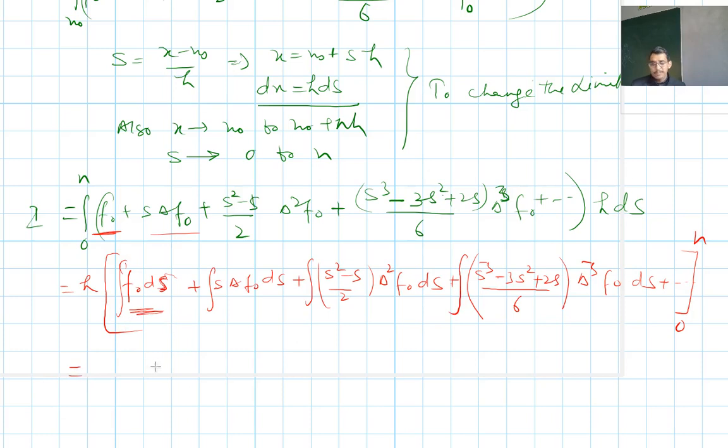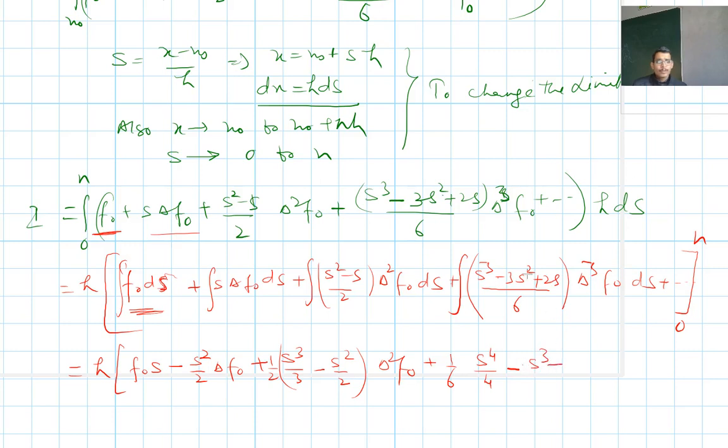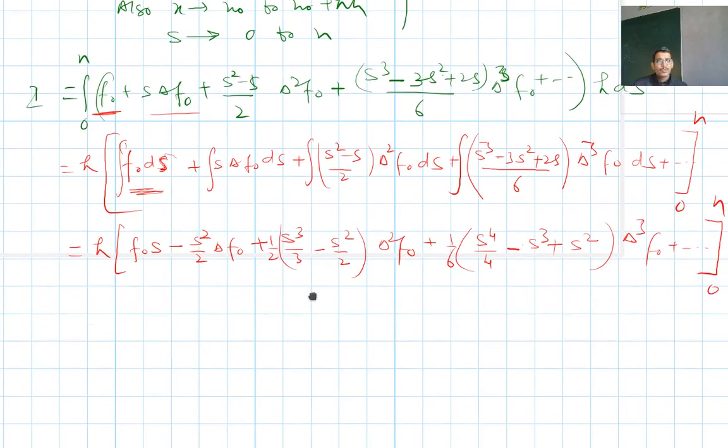Taking their respective integrals, it can be written as h times f naught s minus, the integral of s will be s square by 2, delta f naught will remain as it is, plus s cube by 3 minus s square by 2, and this 1 by 2 is outside, delta square f naught, plus 1 by 6 s4 over 4 minus s cube, because this 3 will cancel out, and plus s square, that's what I am getting, and delta cube f naught, and so on, and it's an integral from 0 to n, so I am putting the limit here from 0 to n.